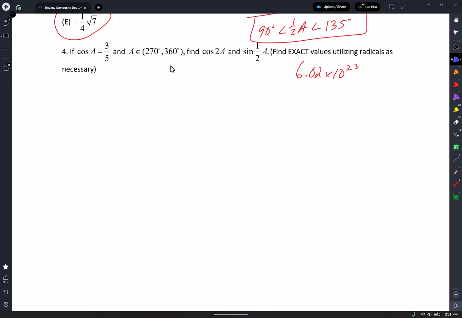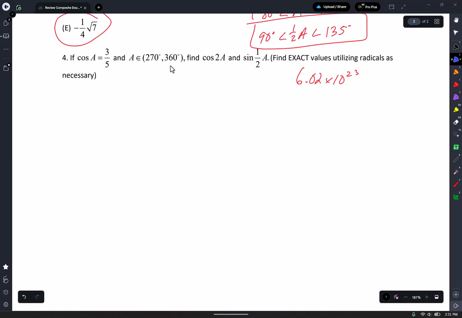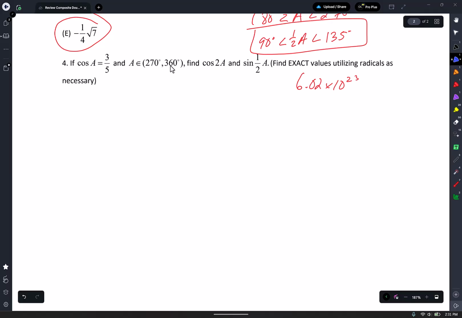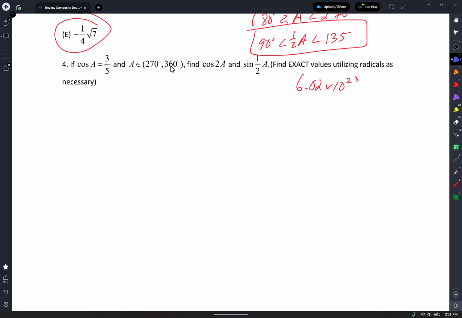Guys, we gotta know some of these things before you graduate. All right, here we go. Cosine A is 3/5. Yeah, guys, especially if you're going into STEM majors, right? Like these constants you use all the time. All right, we at least know G, I hope, right? Gravity, 9.8 meters per second squared, or meters per second per second.